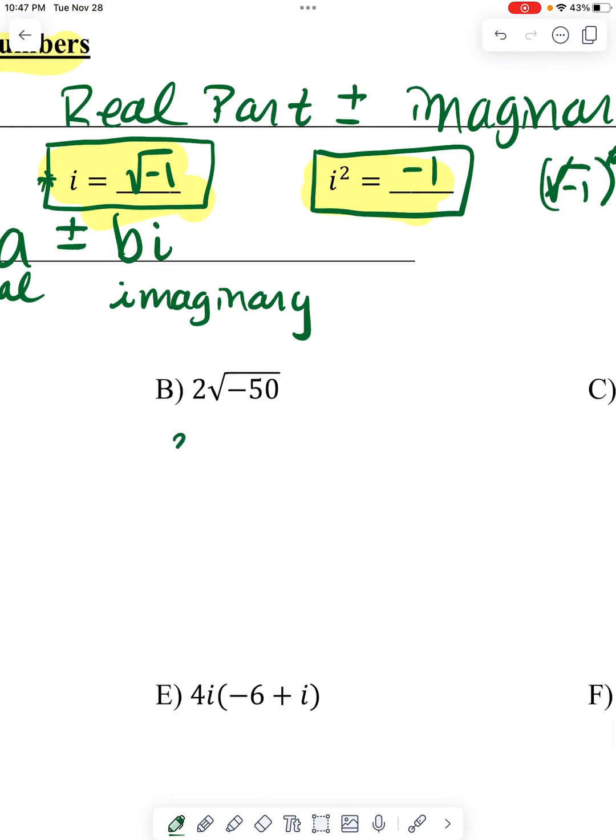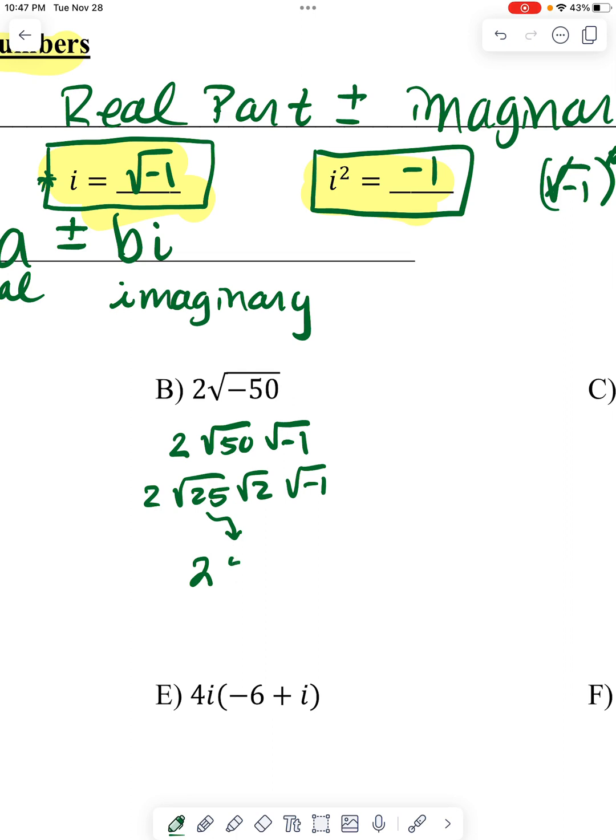So up until now, we would have done this using our blue card and our perfect squares. I'm just separating out the -1 because -1 and 50 would certainly make -50. Then my blue card helps me find the biggest perfect square that goes into 50. And then I can go ahead, I've got a 2 out front.